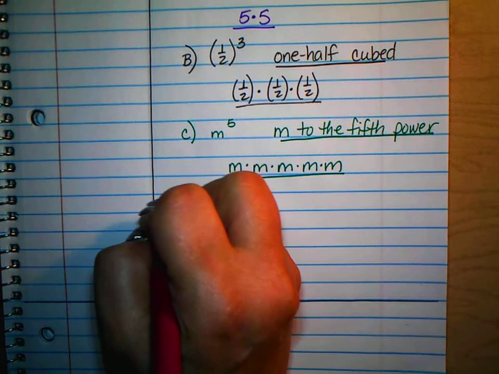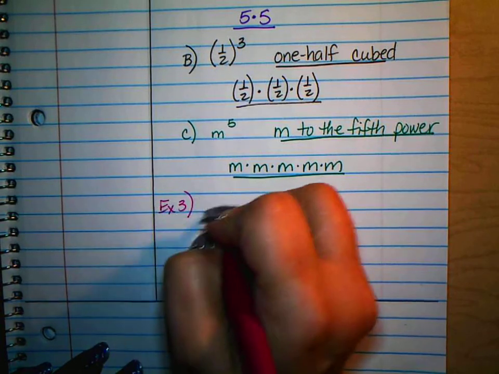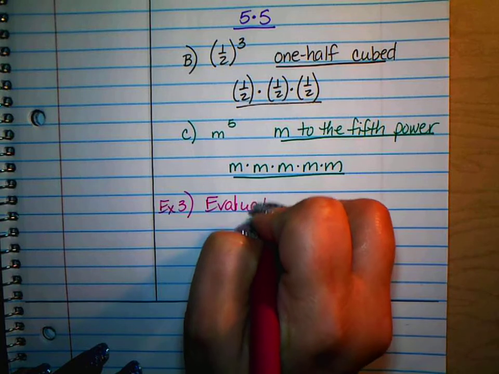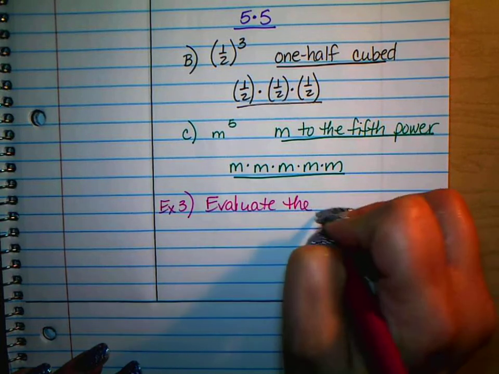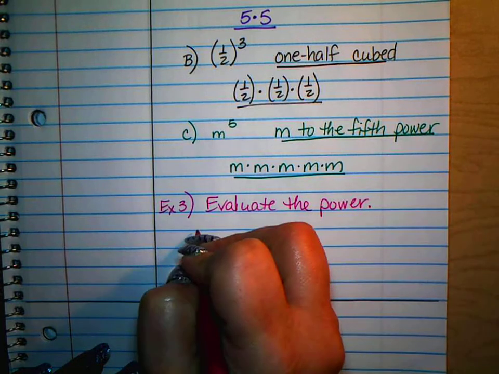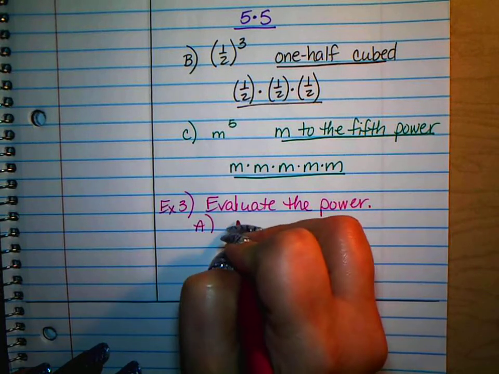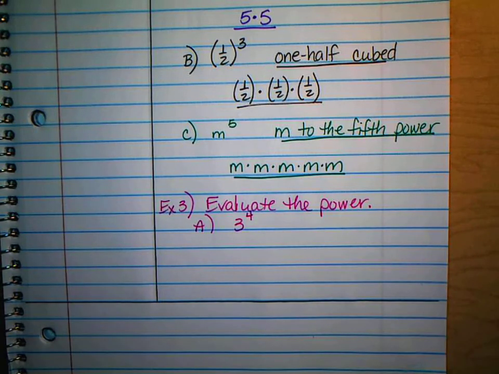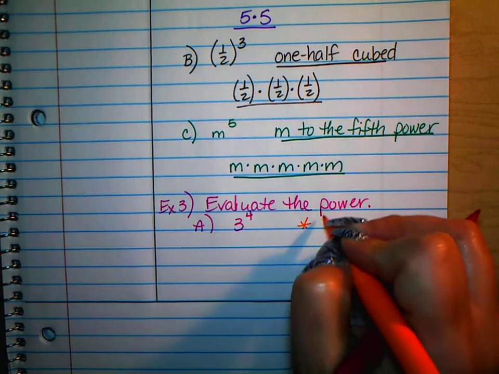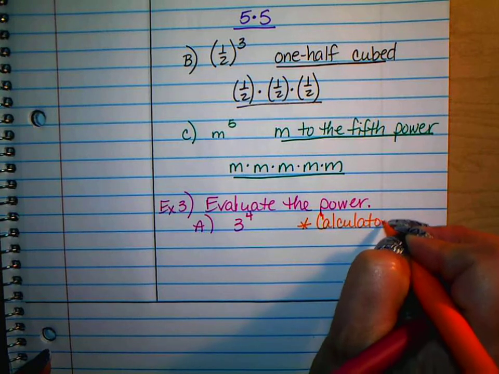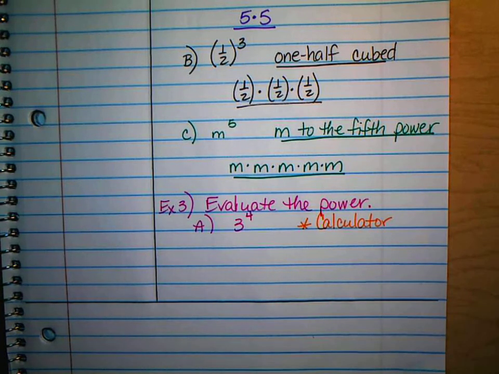Example 3. Evaluate the power. So we have 3 to the 4th. Now I'm going to be very honest. This is where I'm going to use the calculator. Very definitely.